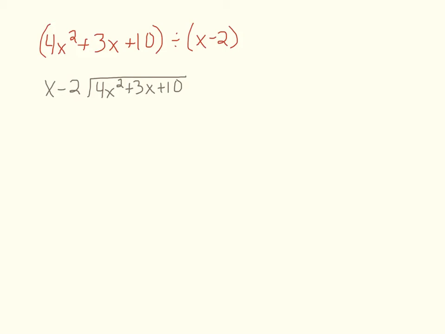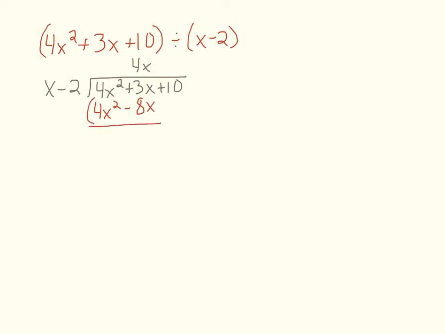So we're asking ourselves, what can we multiply x by to cancel out 4x squared? And the answer is 4x. So we multiply x by 4x and we get 4x squared. And then we multiply 4x by negative 2 and we get negative 8x.